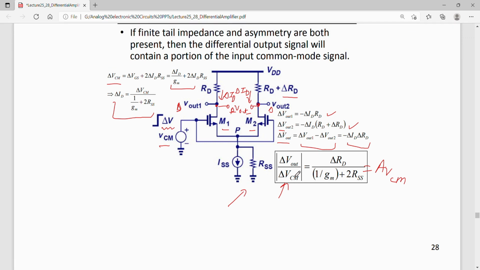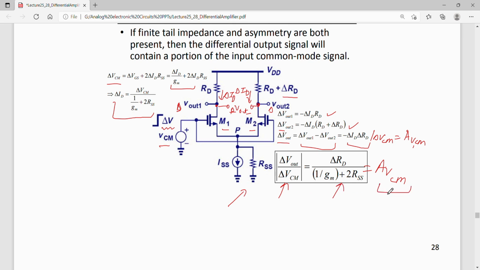And delta V out is delta ID times delta RD, so you divide by delta VCM. So this will be the common mode gain. And delta ID I'll take from here again, which has VCM, so this VCM will be cancelled with this VCM. So I'm left with this relation for the common mode gain.